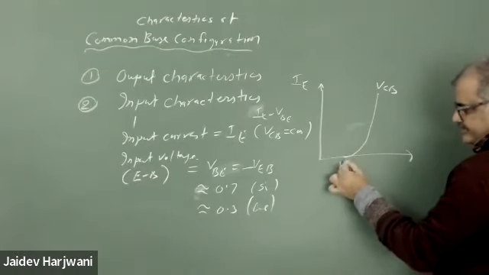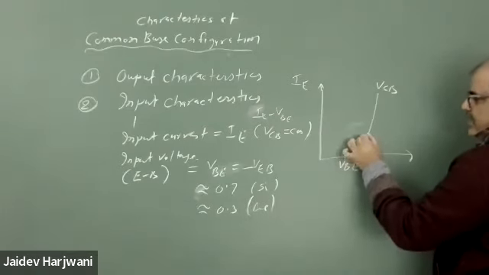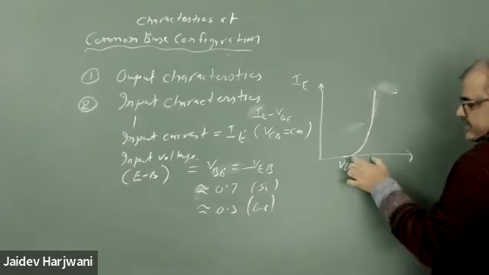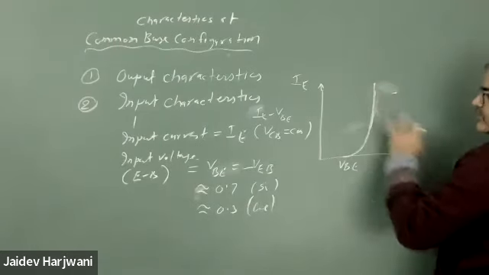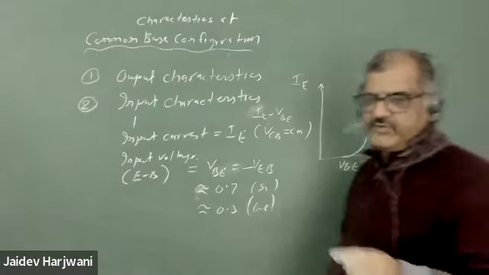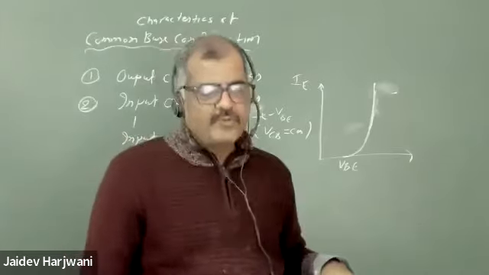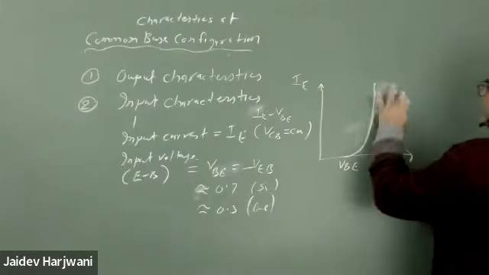Once VBE is almost 0.7, after that the current increases exponentially without any further voltage drop. So this VBE value is 0.7. When we do circuit analysis, you should remember that whenever we are in the input loop, this VBE value is fixed at 0.7. And this is the VCB value.